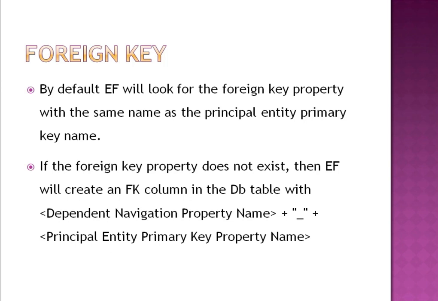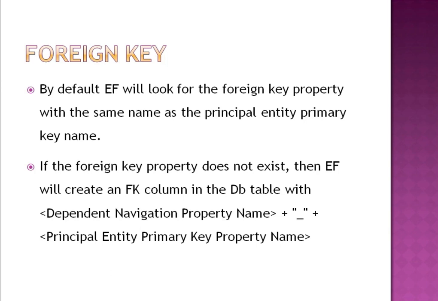While creating the Department class, you specify DepartmentId as the primary key property. Since you named that property DepartmentId, the same name should appear in the Employee class as the foreign key, meaning that property name should be the same as DepartmentId.